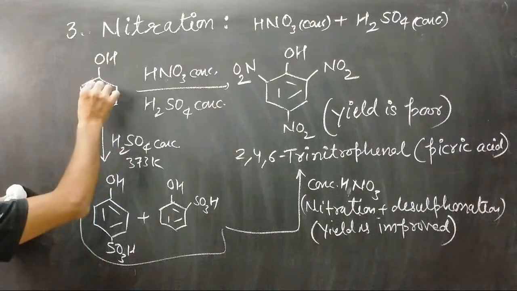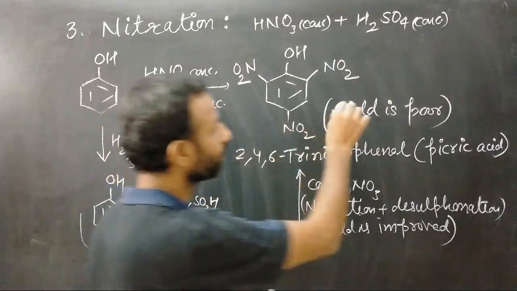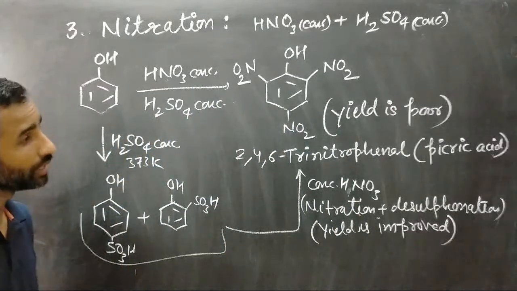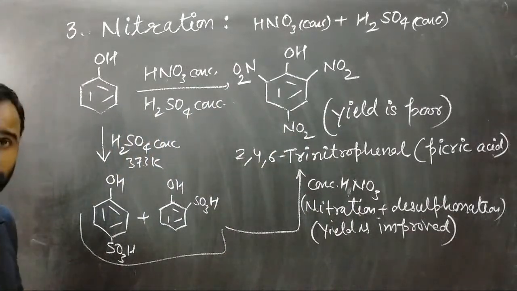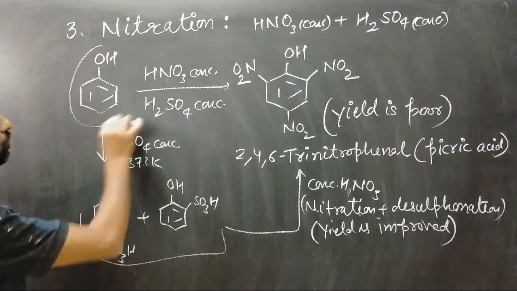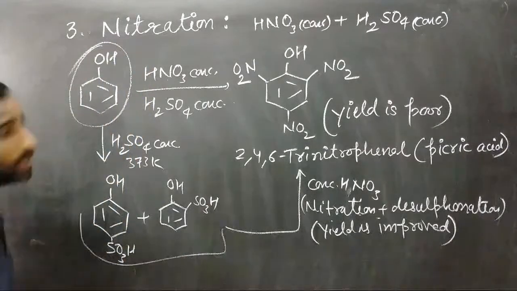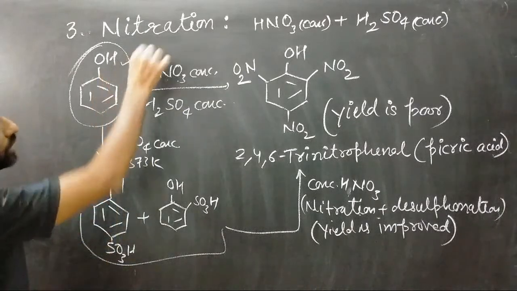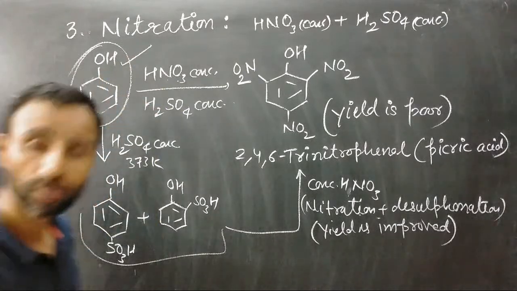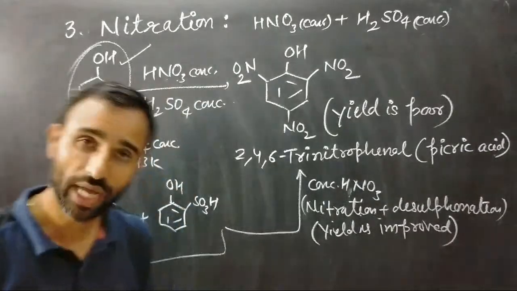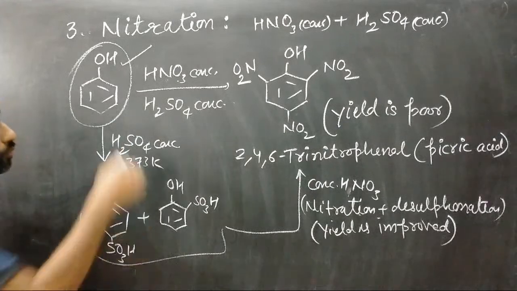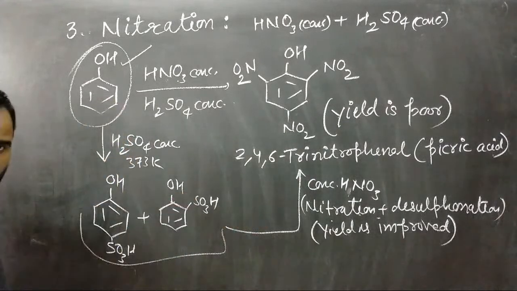So phenol can be converted to picric acid directly, but the yield is very poor. Why is it so? Because phenol is a highly activating group and HNO3 is an oxidizing agent, so most of the phenol is oxidized before nitration. So it is better to go by this route.